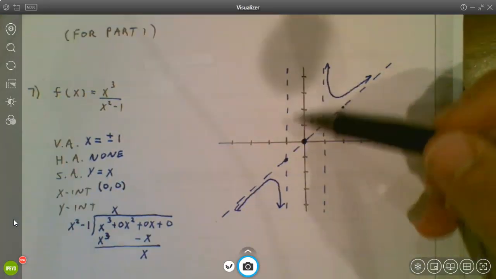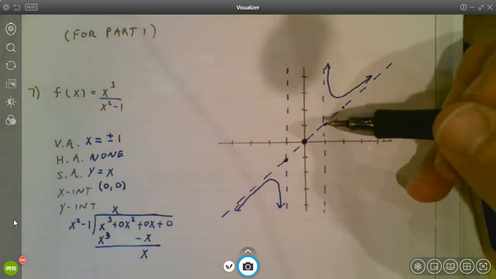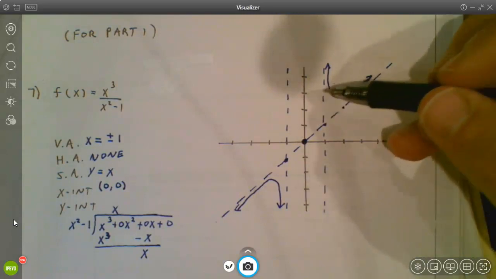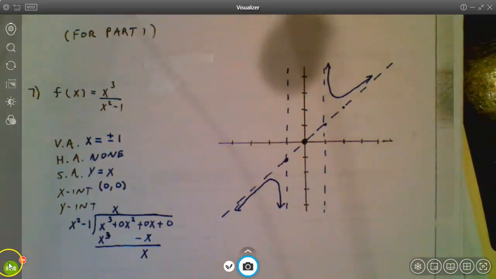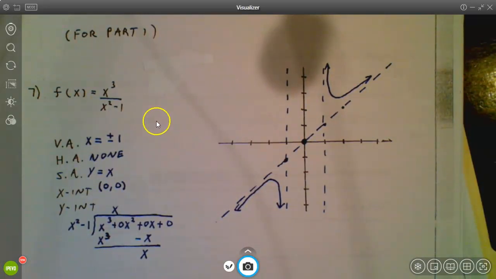As far as the middle portion, how are we going to draw this? You can get a couple different looks in the middle, so that's why it always helps to plug in some real values to help draw the curves. We could use the idea of limits to do this.